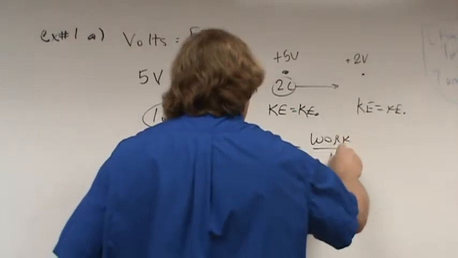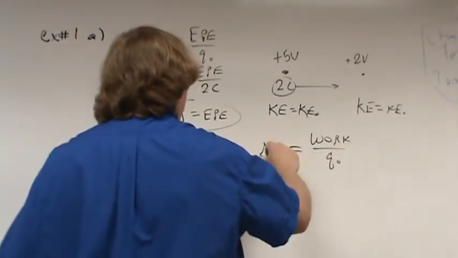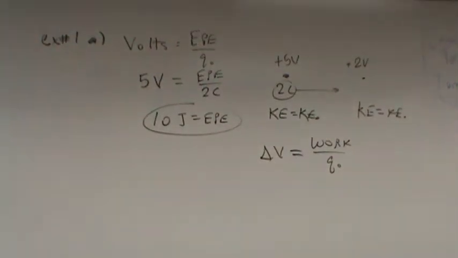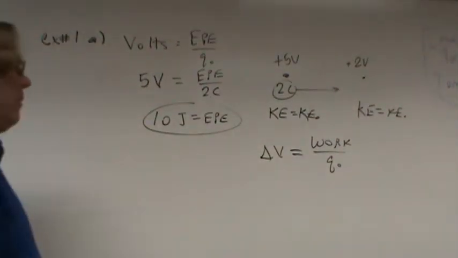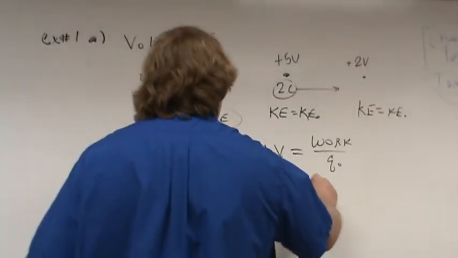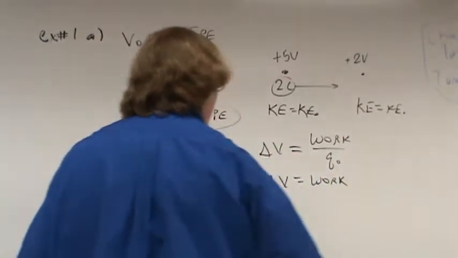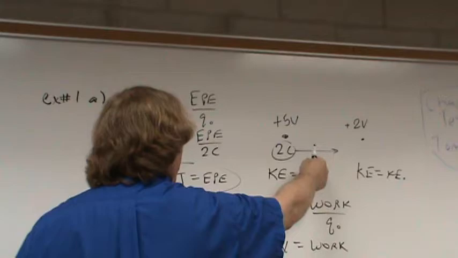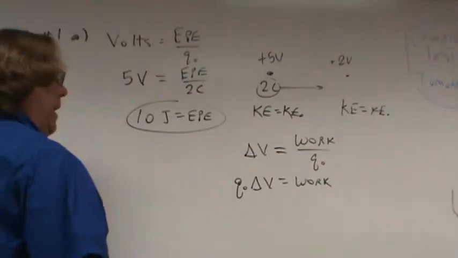So here we go. Here's a formula from chapter 19, which you don't need to know per se, but I want you to be aware of it. It turns out the charge multiplied by the change in voltage ends up being the work done. And the change in voltage is the difference between what you started with and what you ended with.